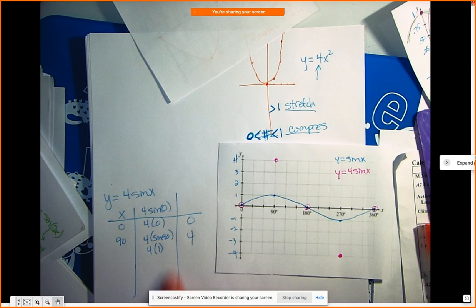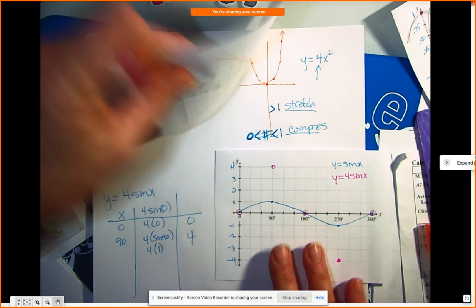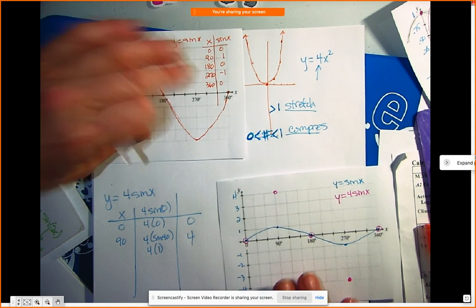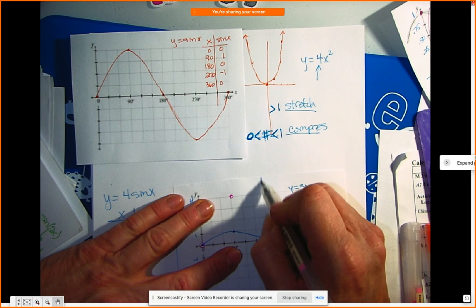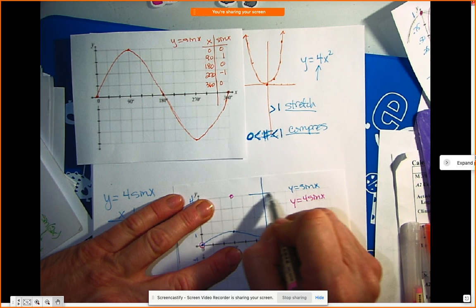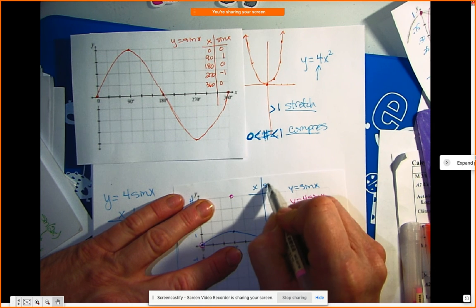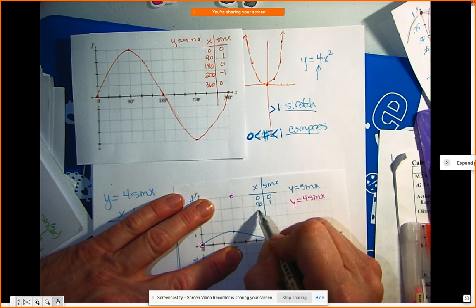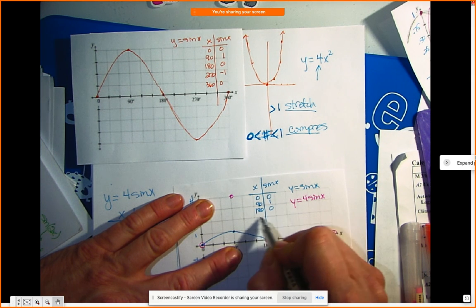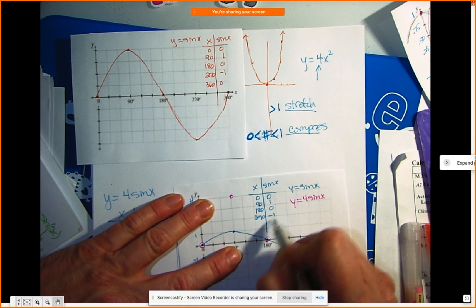I could do all of the table of values. I don't know if it's actually necessary. Okay, here's the mama graph for sine x. I guess I should put those on here. X, sine x, 0, 0, 90, 1, 180, 0, 270, -1, 360 is 0.